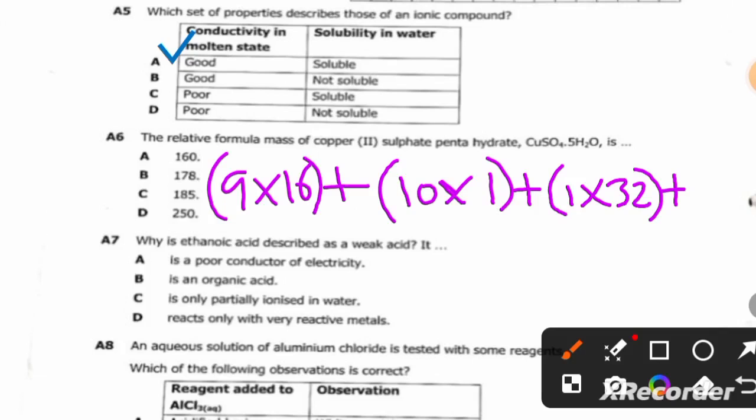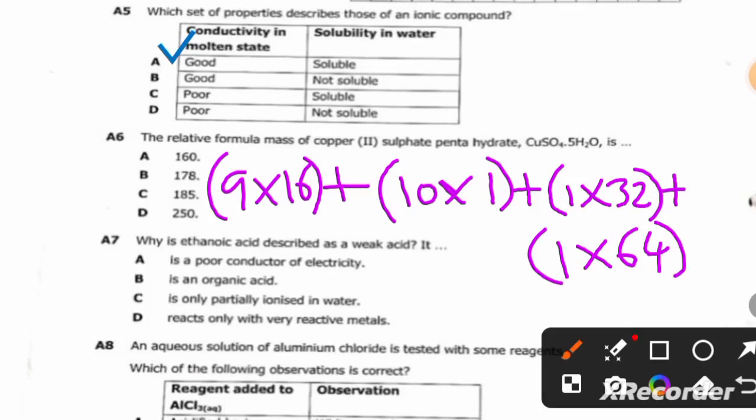Let us also consider the atoms of copper. We have 1 atom of copper. The mass number of copper is 64. Let us work out. 9 times 16, we are going to get 144.